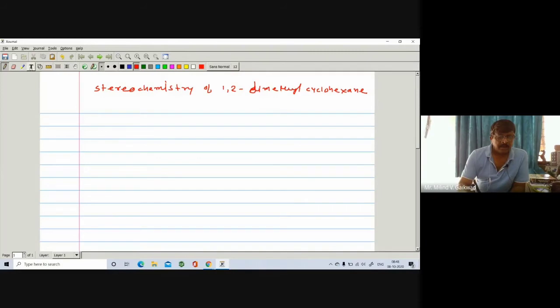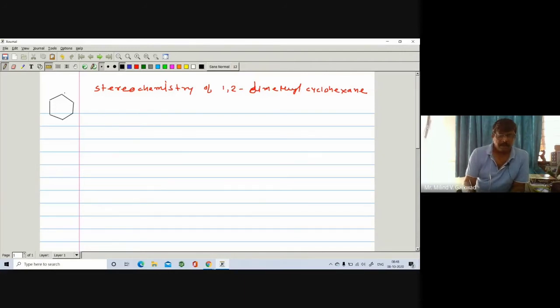Here, this is your cyclohexane. Right, so this cyclohexane can be written in the chair form.